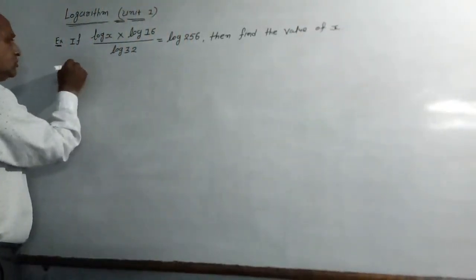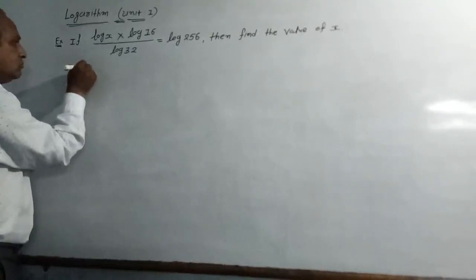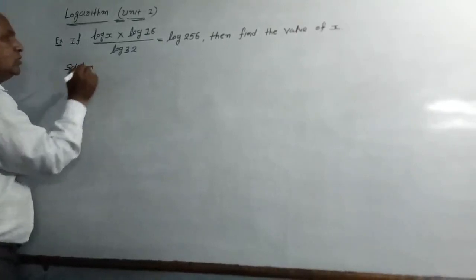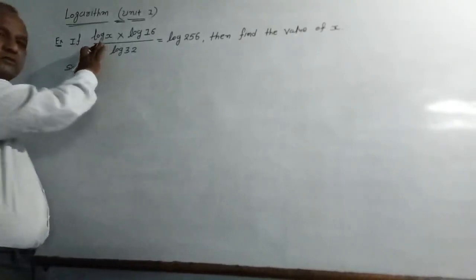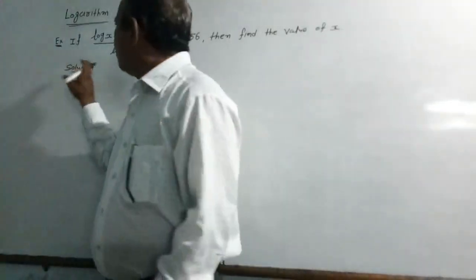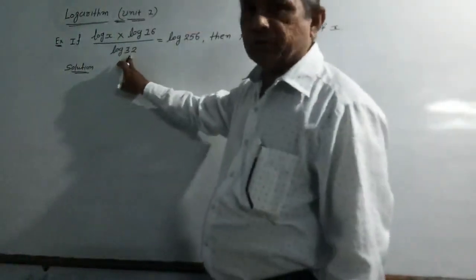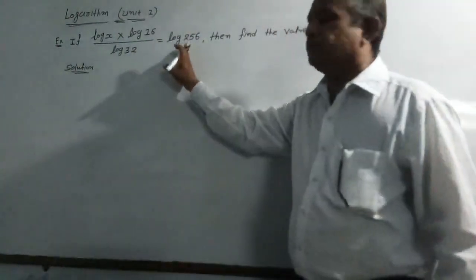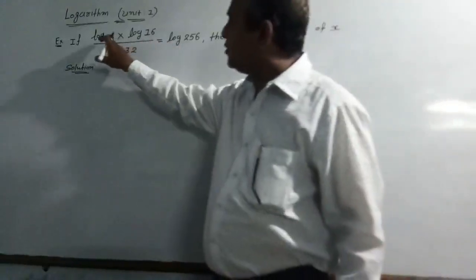Now the solution. Here it is given that log x multiplied by log 16 divided by log 32 is equal to log 256. Then find the value of x.